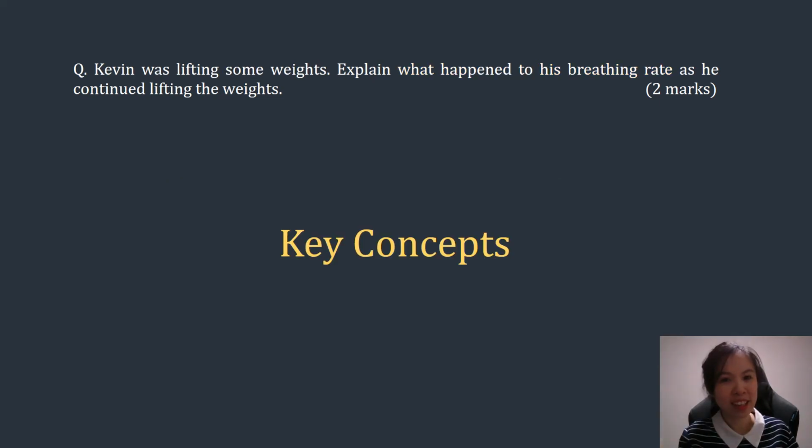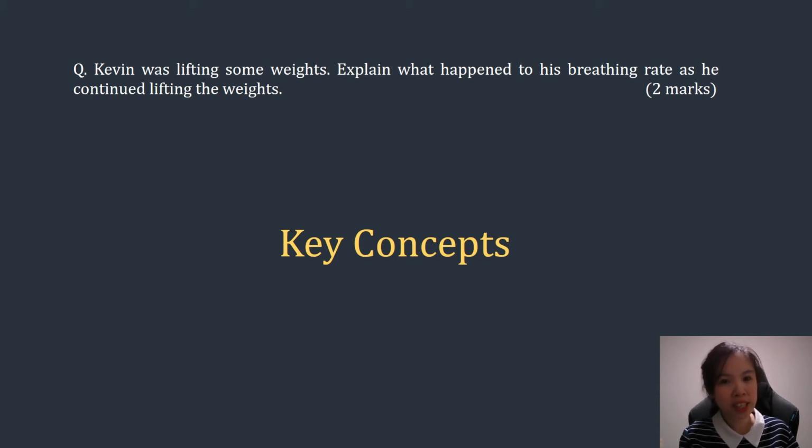Before you start thinking, there's so many points for a 2-mark question. Remember that I mentioned the half mark is no longer awarded for PSLE Science Booklet B? For a 2-mark question, a student will only get 1 mark if he or she manages to explain one complete point correctly. Based on previous marking schemes, many of the answers above can score up to 1.5 marks, but it's no longer the case now.